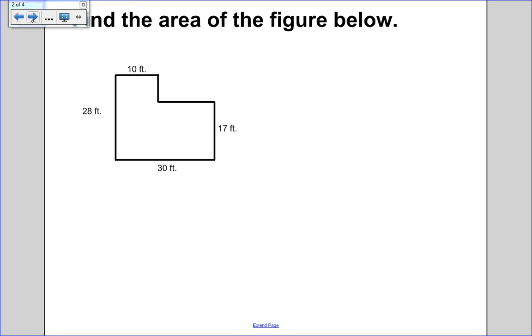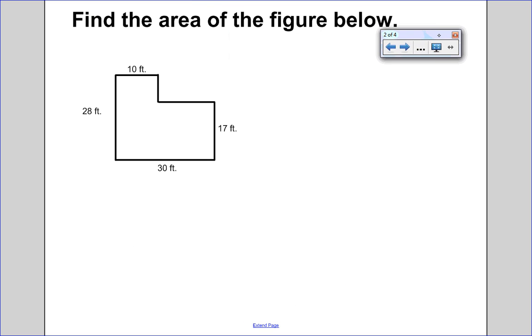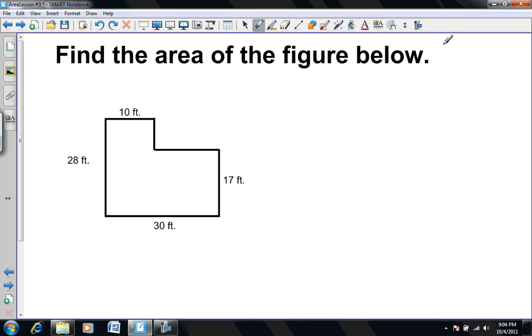So here's an example. It's a pretty simple example, but here's an object that's not a rectangle, it's not a square, it's not a circle, it's not a triangle or trapezoid, but we can still find the area. Now, when we look at an irregular object like this, there's usually 2 ways that we can go about figuring out the area, and I'm going to show you the 2 different ways right now.